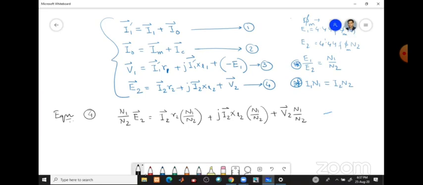So this part you have understood. We are multiplying both sides by n1 by n2.